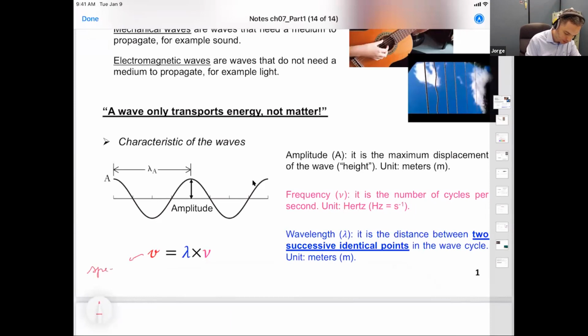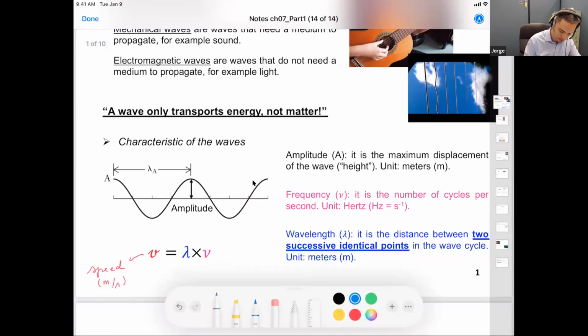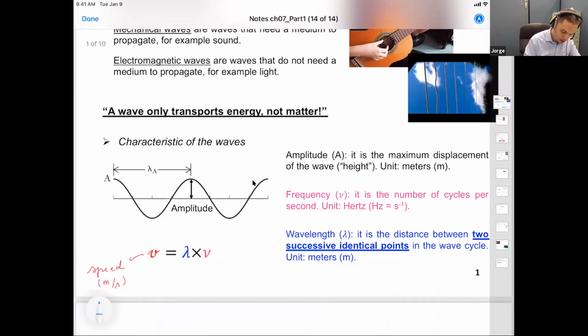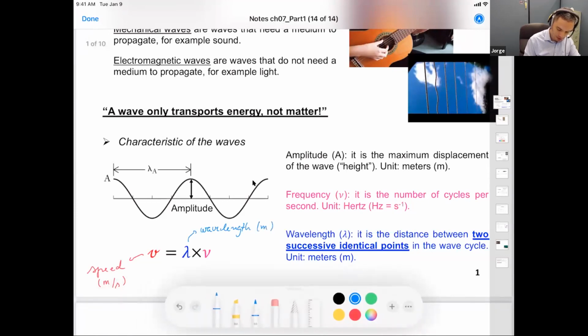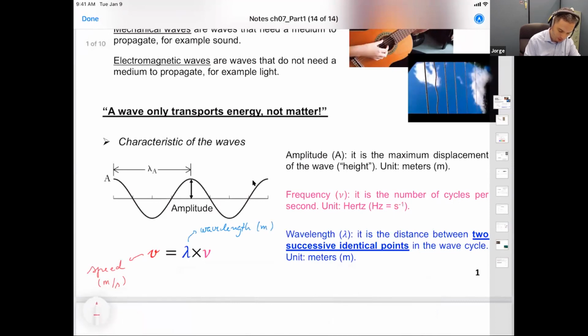Speed of the wave, here we are going to use meters per second in the international system, is going to be equal to the wavelength in meters times the frequency, which is the nu right here.